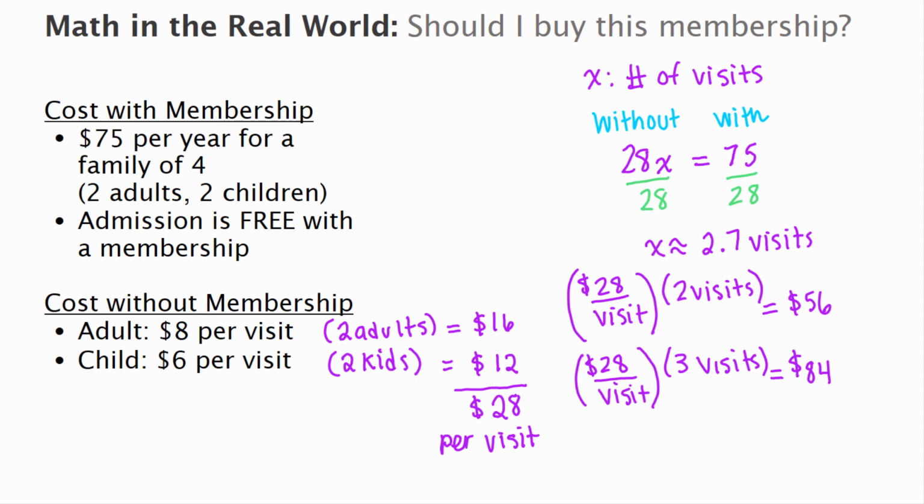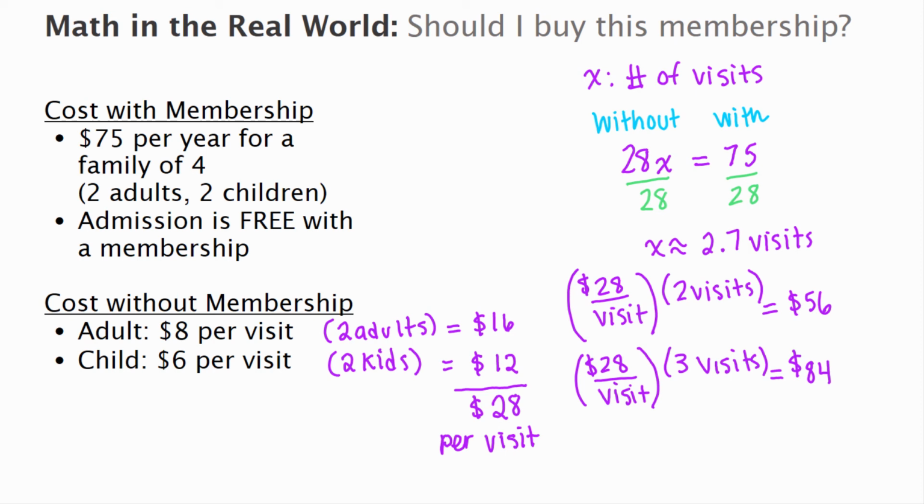However, if you visit it 3 times, you have $28 per visit times 3 visits, and you end up with $84. So at the end of the year, if you visited 3 times, then you've spent $84, which is more than you would have paid if you would have just paid $75 for the membership. So, to summarize, if you are going to visit 2 times or less, it wouldn't be worth it to purchase the membership.